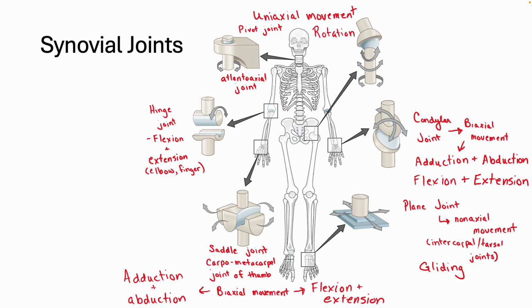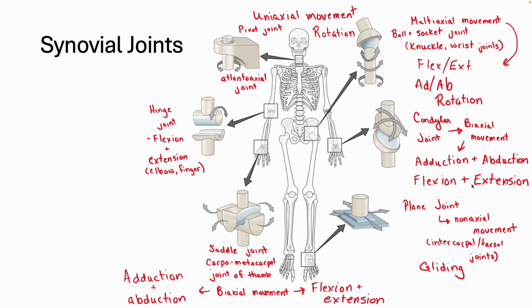This allows for uniaxial movement or rotation. And then we have a ball and socket joint, which allows for multi-axial movement. This is going to be things like your knuckle and your wrist, which allow for flexion, extension, adduction, abduction, and rotation. So the ball and socket joint is going to be the most versatile in the type of movement that it allows.